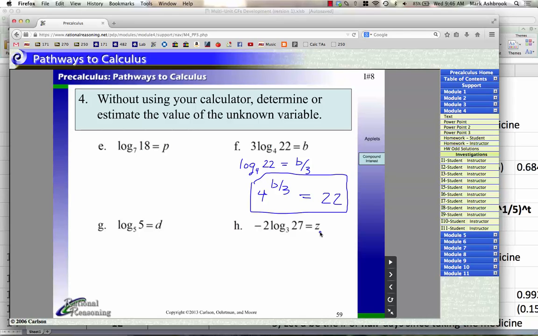So b over 3 is something a little bit greater than 2, because 4 squared is 16, but we have a 22 now. So we can make a guess and say b over 3 is 2.1 or 2.2 or something like that. As a guess, okay?